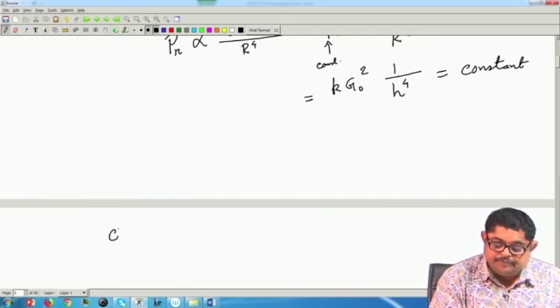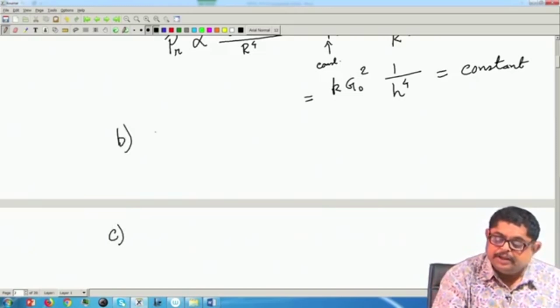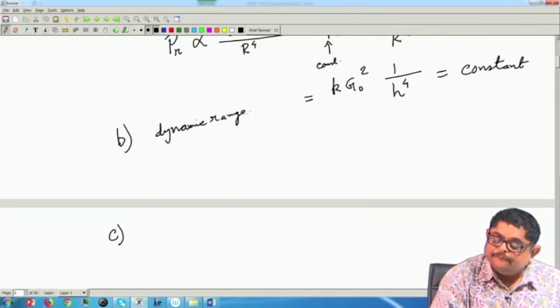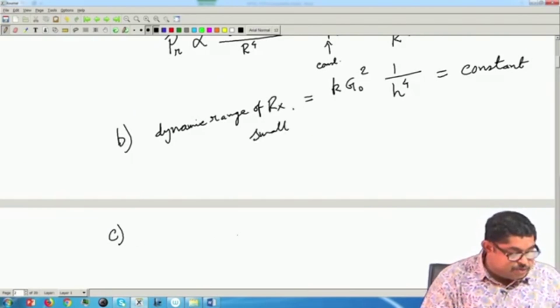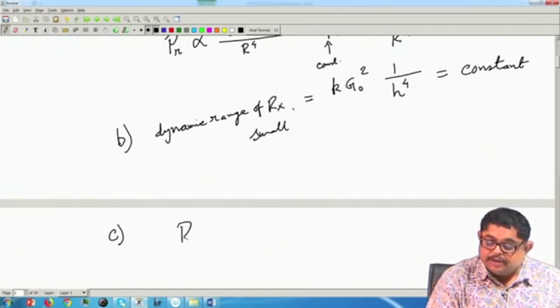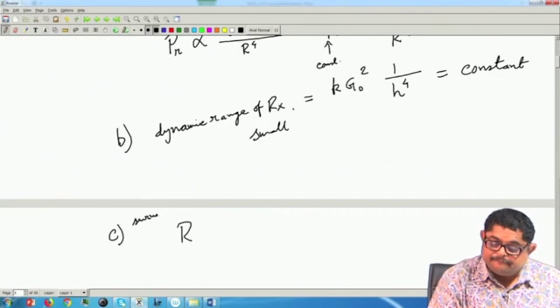So, part C. In part B, I am saying that the dynamic range is small and the receiver is small. That is the advantage, but this is more important, in air surveillance radar.